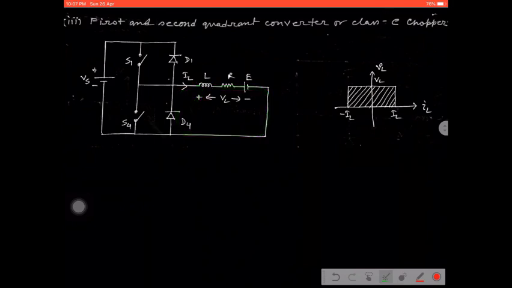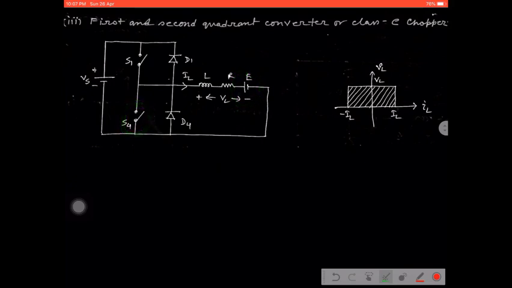In second quadrant operation, class B chopper, the back EMF is the leading voltage. That means the current starts flowing in this direction. Okay, then class 4, sorry, I have just mistaken something. This is actually the supply voltage, and it will be conducted by S4.